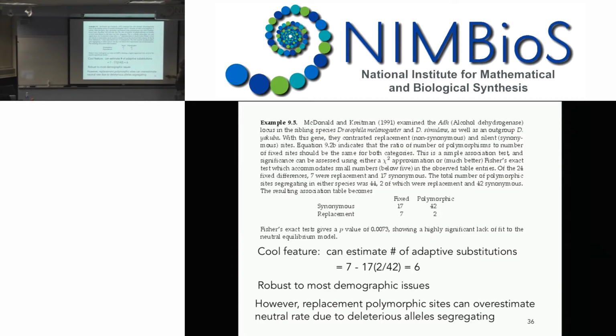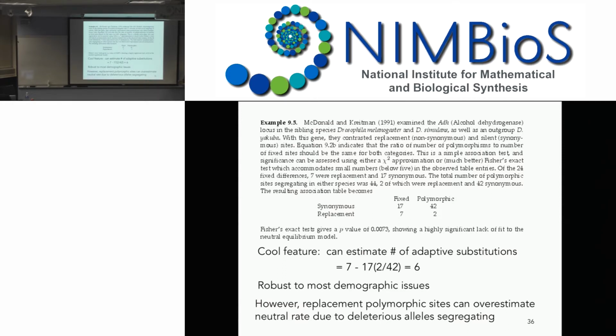The Fisher's exact test gives a highly, highly significant P. There's a significant lack of fit. So there's an excess number of substitutions relative to the level of polymorphism. Now that could be because the polymorphism is too low or the replacements are too high. It's a relative concept. But the key thing here is you can estimate the number of adaptive substitutions.